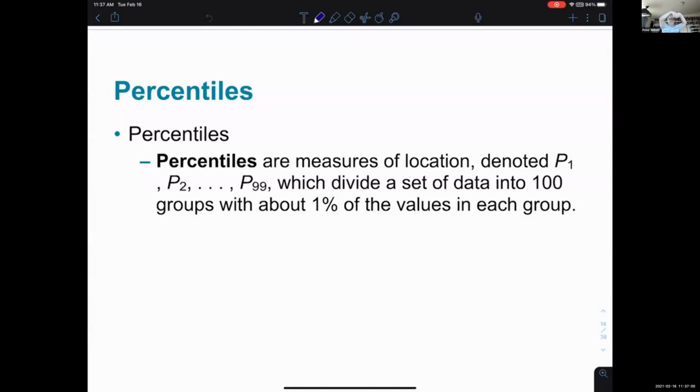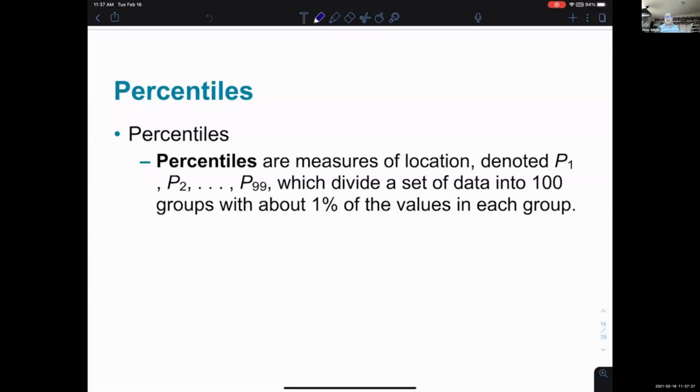So you have this list of numbers, and there's 99 of them because the first one is P sub 1 and the last one is P sub 99. Those are little divider markers, and they divide this data set up into groups where there's 1% of the data values in each of those groups.